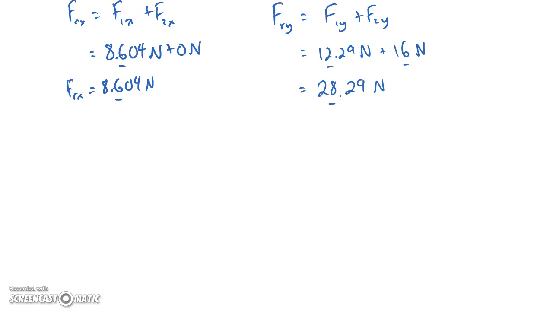So FRx, we'll draw this one, 8.604. It's positive, so we'll go 8.604 newtons that way. And then FRy, I'm going to move that down because I'm going to quickly run out of space. And FRy is also positive, so we'll draw that one straight up.